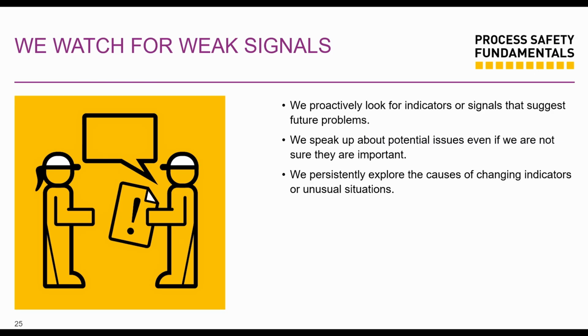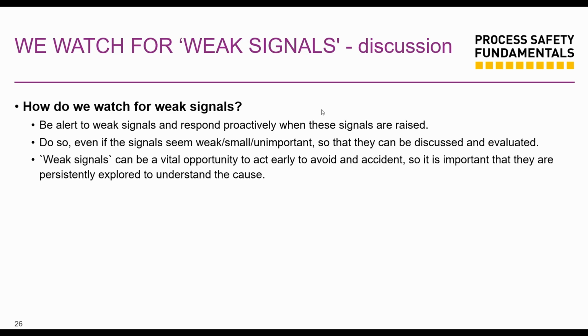Maybe we're at peak load, and any loss of containment at peak load could indicate a large flammable cloud from that compressor. Or you're having nuisance alarms. Oh, it's just a nuisance alarm. Just turn it off. Because you're having minor leaks, and you continue producing, and eventually you have a major leak. Those are all examples of weak signals that we should be worried about and look out for.